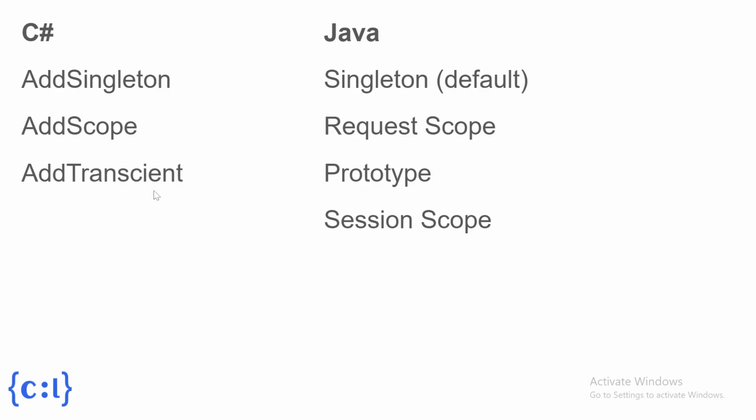Then for AddTransient or prototype, since the object is going to be created at every point of need, it's going to take a little bit of time to instantiate the object, but the beauty of it is when the object is no longer needed, it is destroyed. You have less memory overhead using AddTransient compared to AddSingleton. For AddSingleton, the dependency object exists in memory throughout the lifetime of the application.